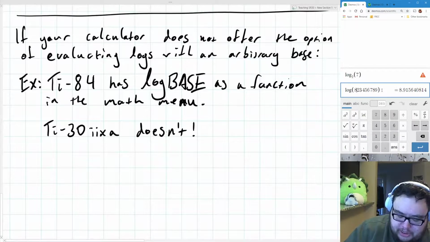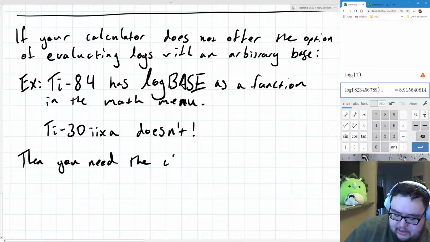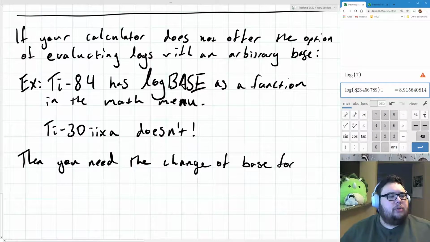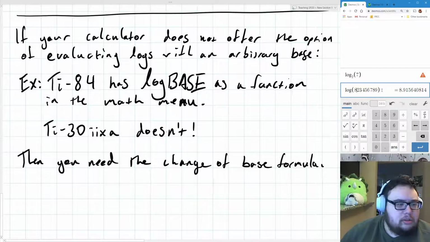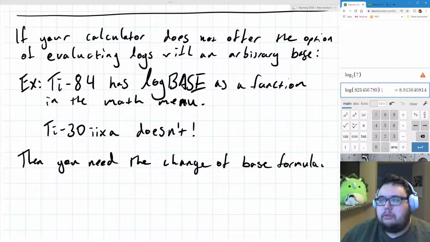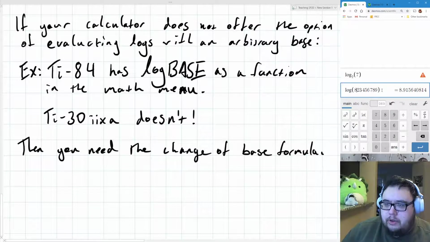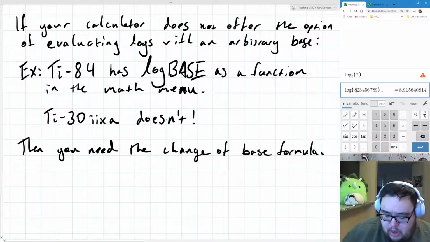Then we need what's called the change of base formula. Or if you're using a slide rule, you definitely need the change of base formula. The change of base formula lets us evaluate arbitrary logarithms using logarithms with a standard base.